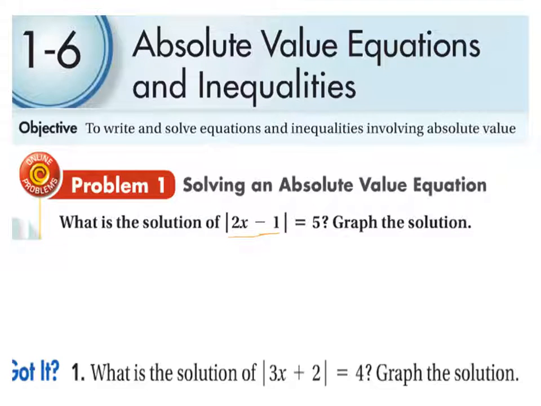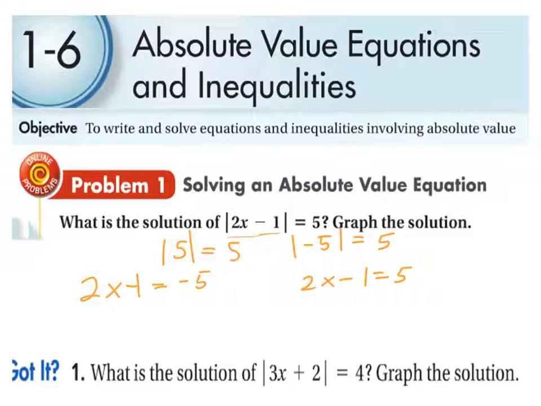We have to take the absolute value of 5, which equals 5, and the absolute value of negative 5, which is also 5. So really it's just a more drawn out way of saying we need 2x minus 1 to equal both negative 5 and positive 5.